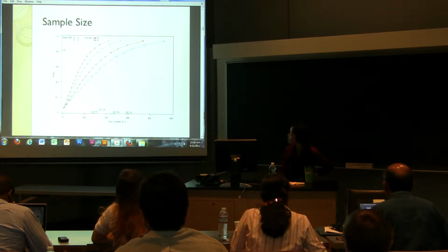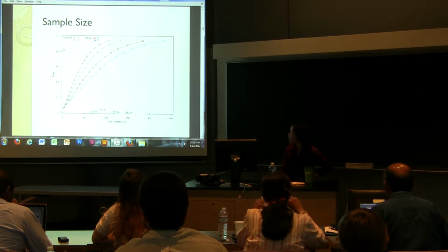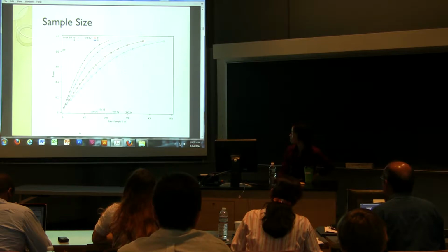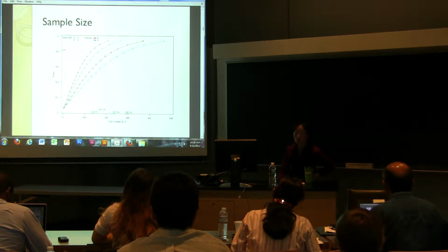You can see when the mean difference between two groups is bigger, we require a smaller sample size. Here is the total sample size required. Compare these two red curves.